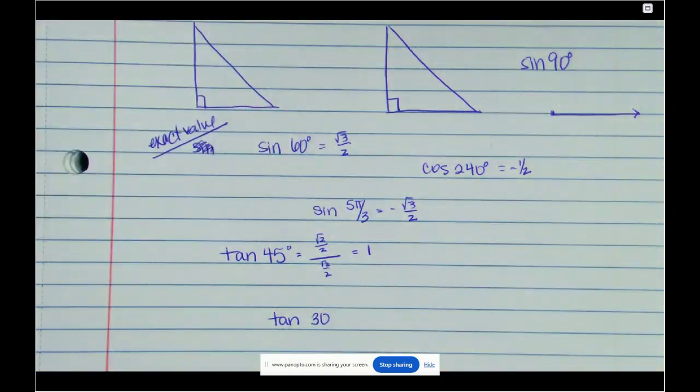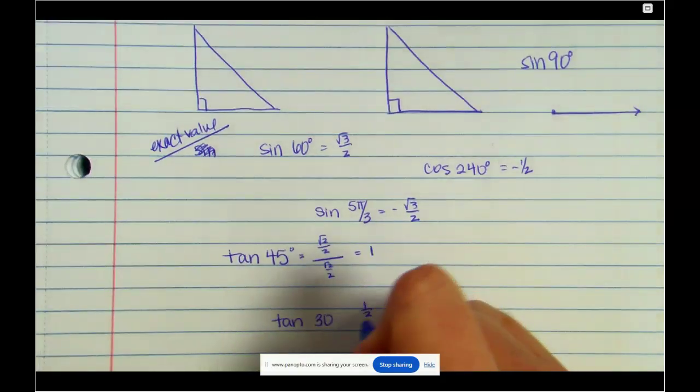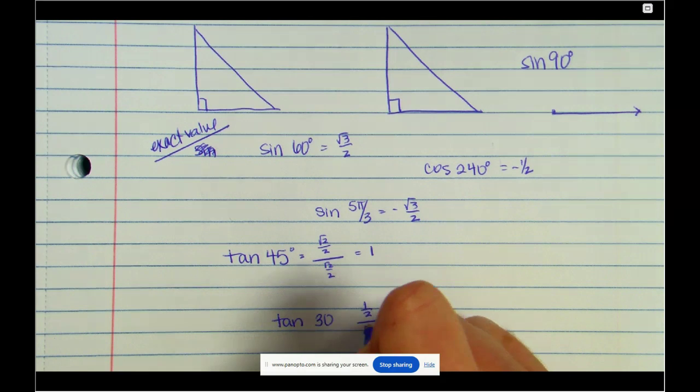Okay, now I'm going to erase the board. This is where you should start writing if you're not writing. Here's your review of fraction math. 30 degrees, tangent is y over x.